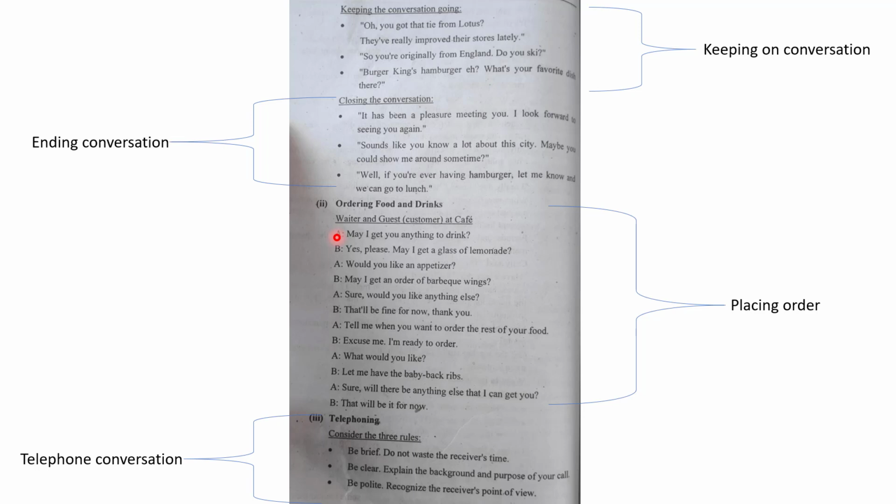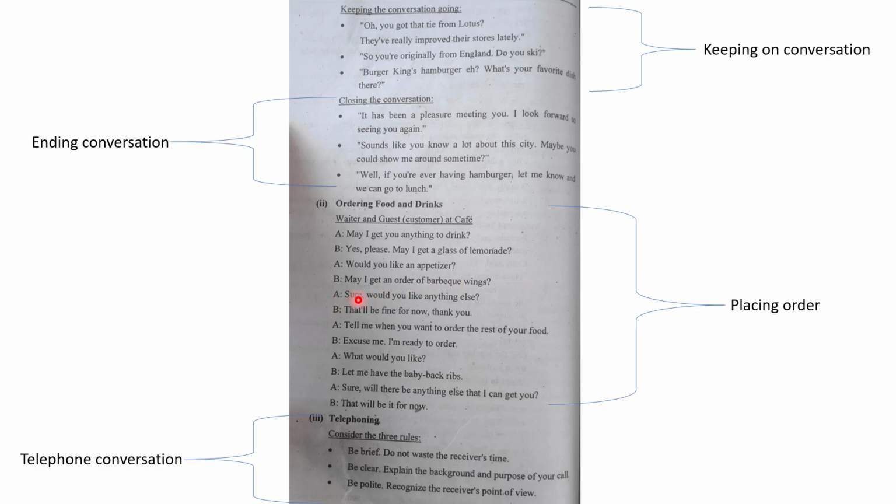Person A, who is the waiter supposedly, says, "May I get you anything to drink?" B, the customer, says, "Yes, please, may I get a glass of lemonade?" So you can see how politely they are talking with each other, not like the general things that we see in our daily life. And then the waiter again says, "Would you like an appetizer?" The customer says, "May I get an order of barbecue wings?"